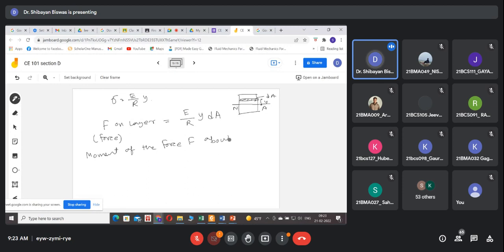Okay, so now we will do some simple problems first. Find out the section modulus of the rectangular section.